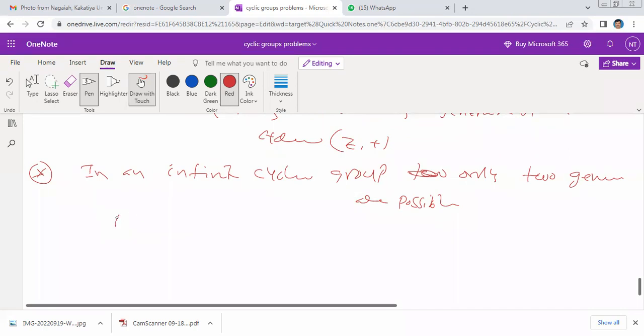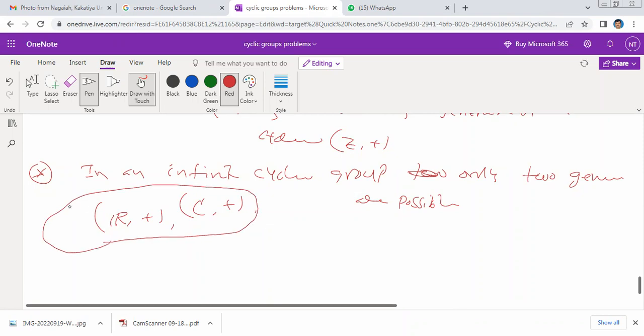R plus, C plus, like this, sir. Can you say about this one? R plus, C plus, Q plus. Are they infinite cyclic groups?